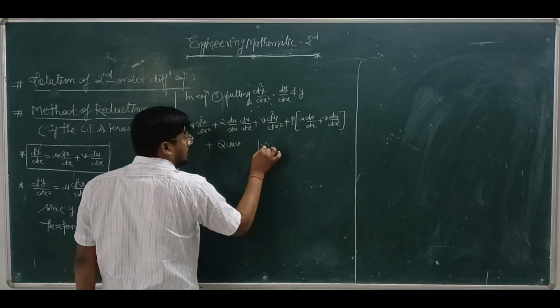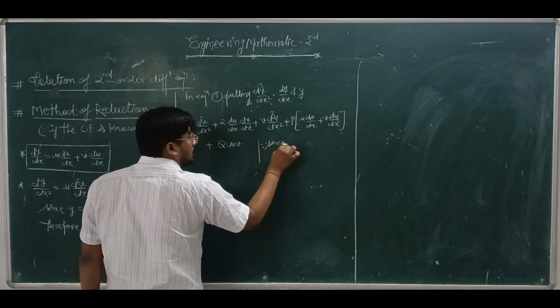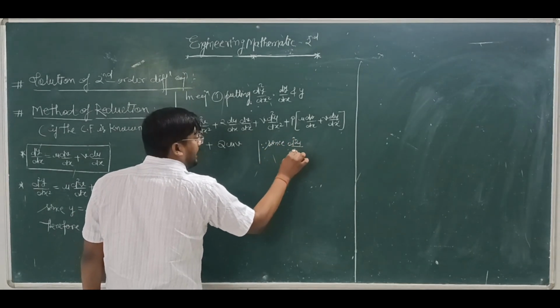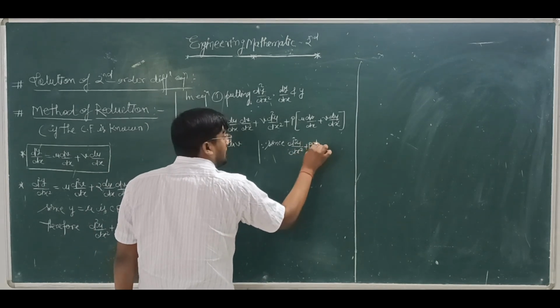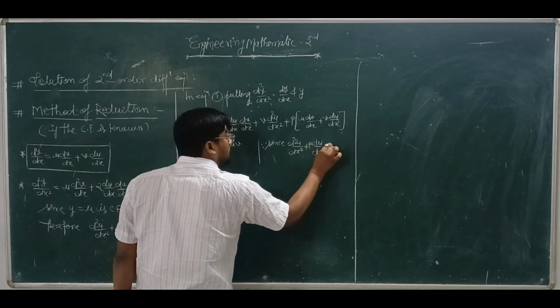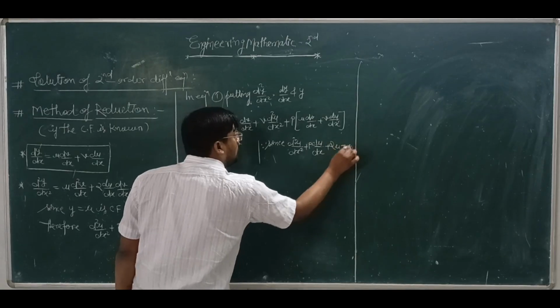Since d2u of dx2 plus p du of dx plus q u is equal to 0.